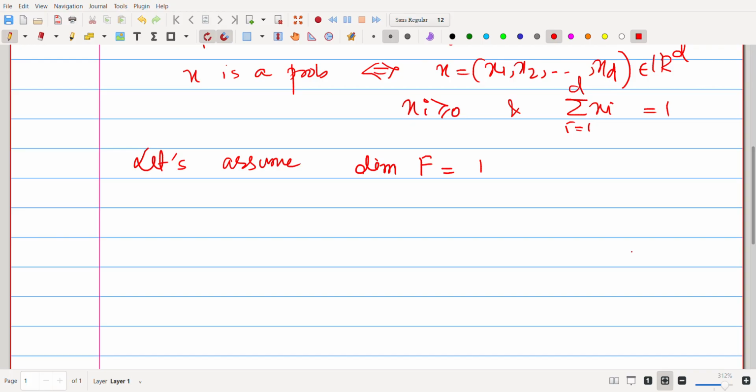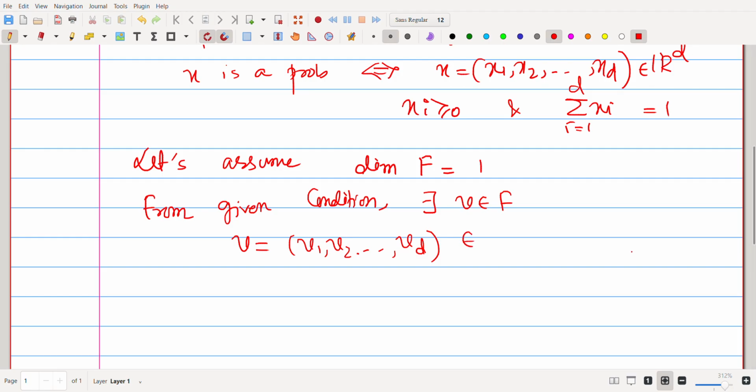From the given condition we already know there exists a vector V such that all Vi's are positive. Now consider the vector V tilde equal to V divided by the summation of Vi, i equal to 1 to d.